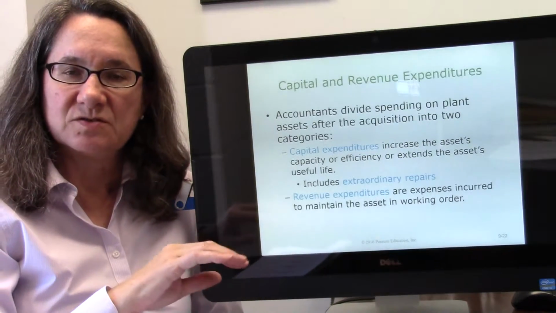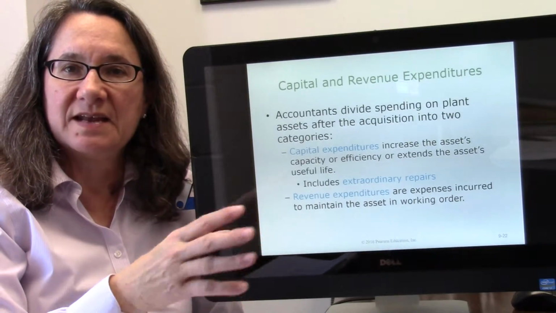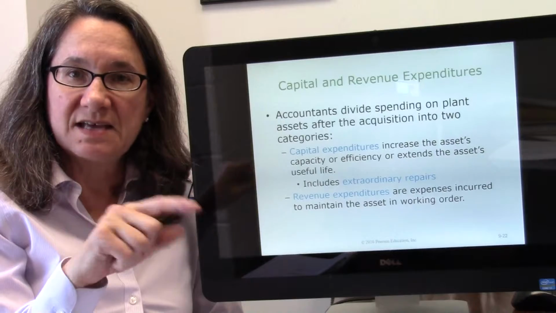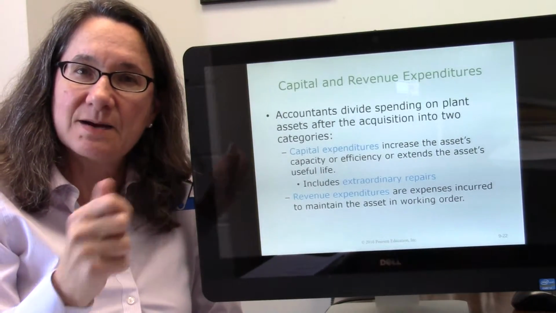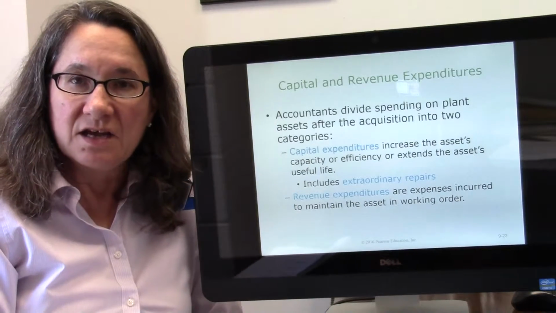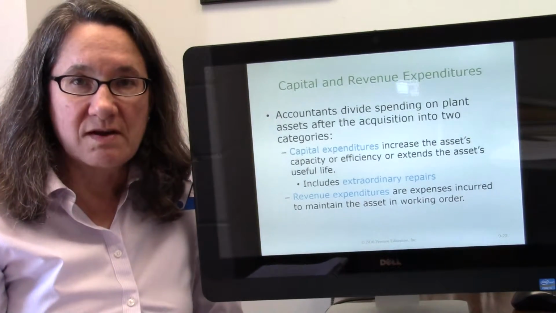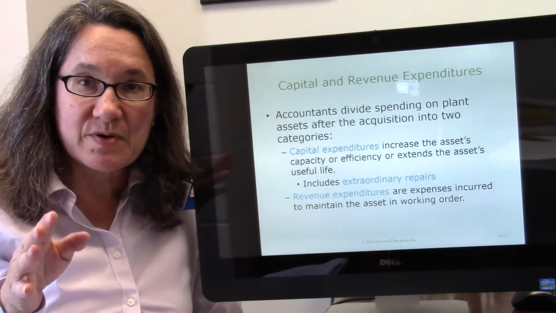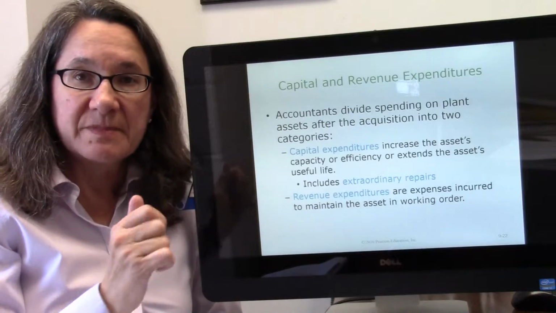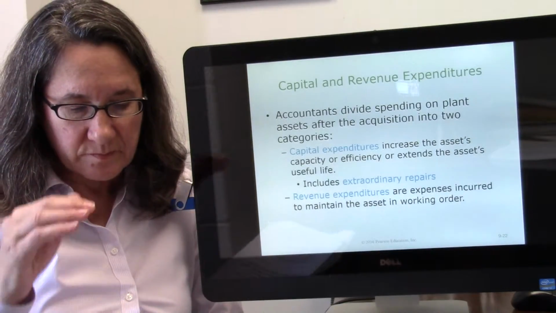Revenue expenditures are basically expenses. It's something we're spending in this period to make revenues. Anytime you pay out money, you have to decide: is this a capital expenditure or a revenue expenditure? If it's a capital expenditure, you need to book it as an asset. If it's a revenue expenditure, you need to book it as an expense.